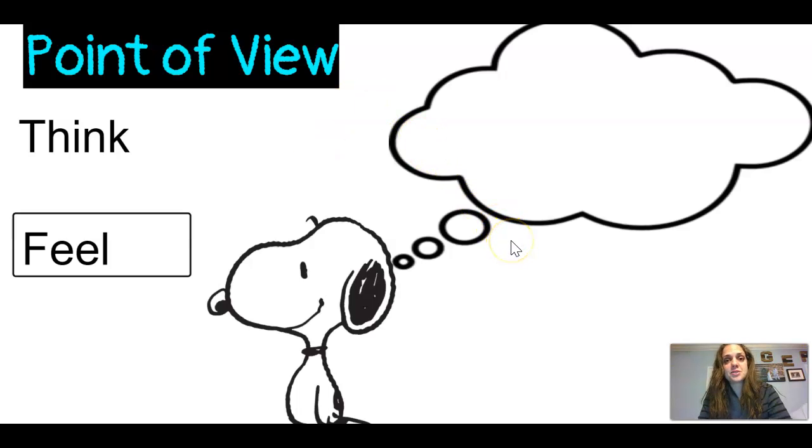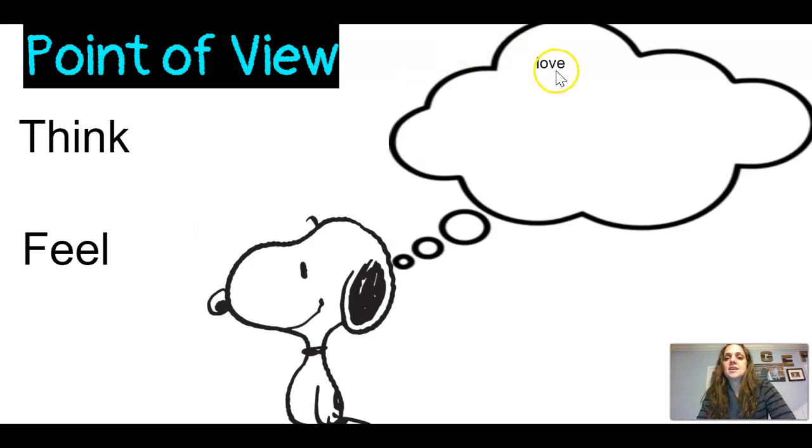So words that might describe how someone thinks or feels: someone might feel that they love something. Someone might feel admiration, or they might admire something or someone. Someone might think or feel that something's really important.